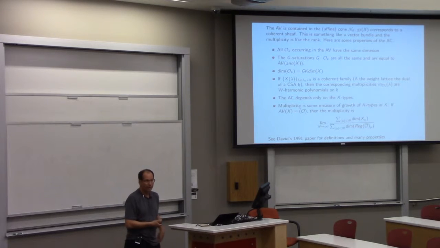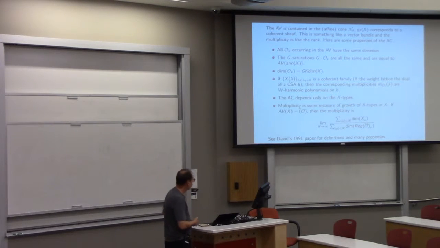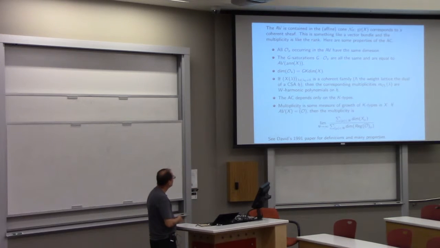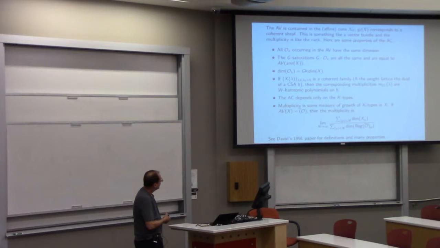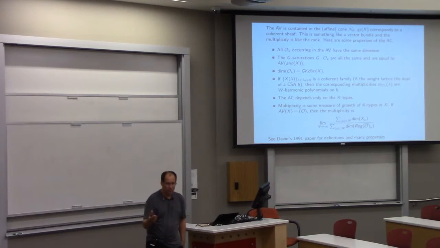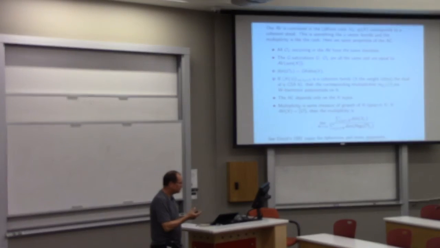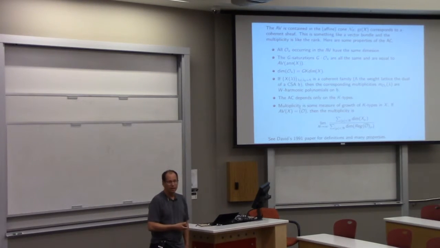So that's an important thing. And they're W harmonic polynomials. So, in a sense, the thing you want to do is calculate the associated cycle, so the associated variety with multiplicities that are integers, but what you really want is the polynomial that goes with it.